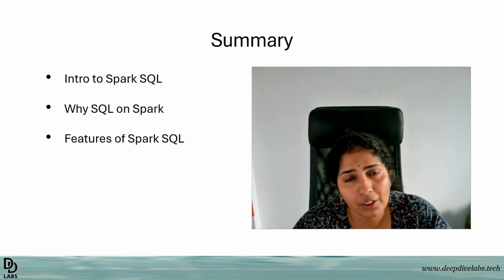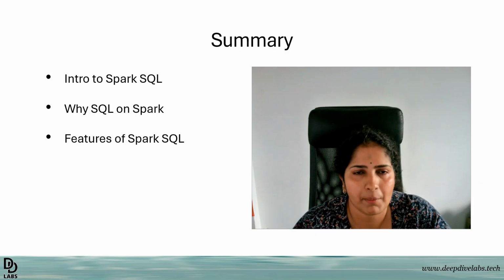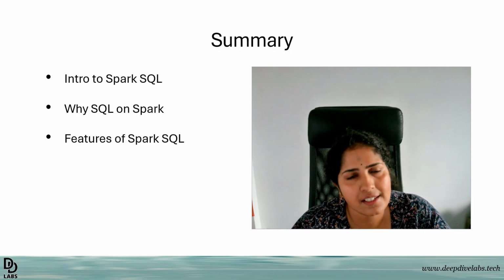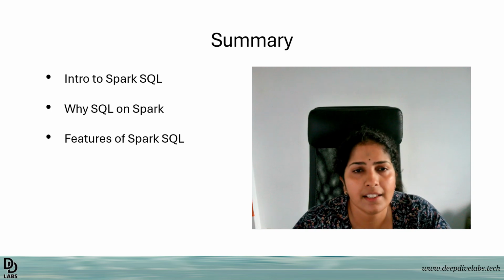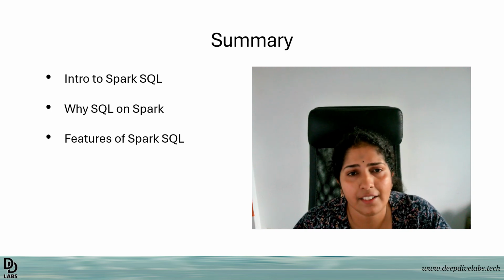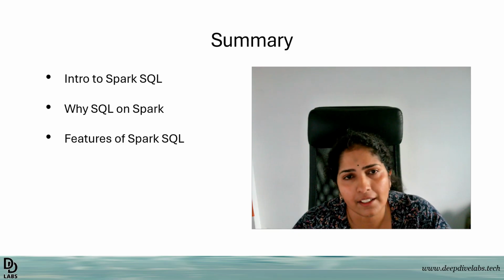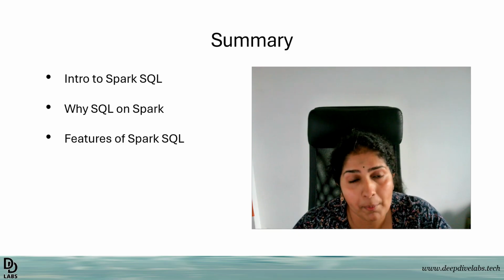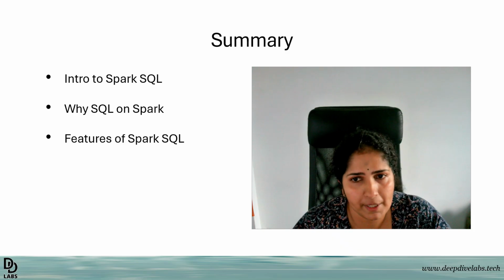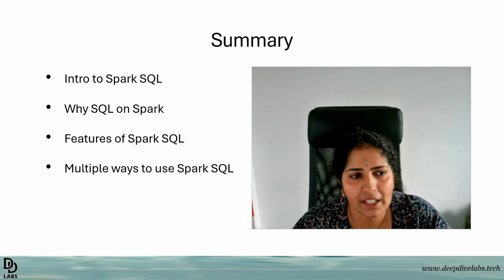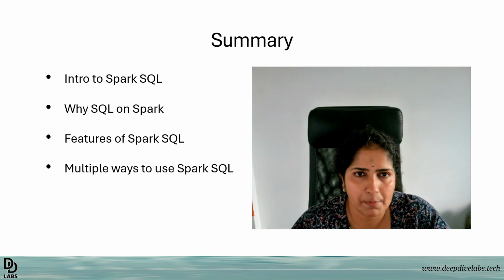It is very important to know Spark SQL does not mean Spark is a relational database, but we are actually using the structured query language in the data processing sense, right? How are we bringing that tool into big data processing, and how it helps in doing transformation and optimization of your big data. And we finally looked at what are the multiple ways to use Spark SQL.